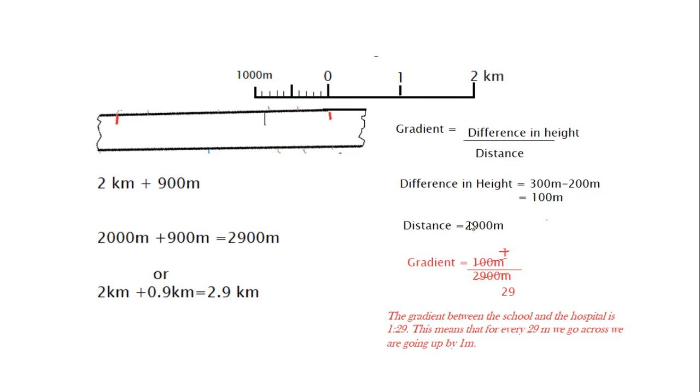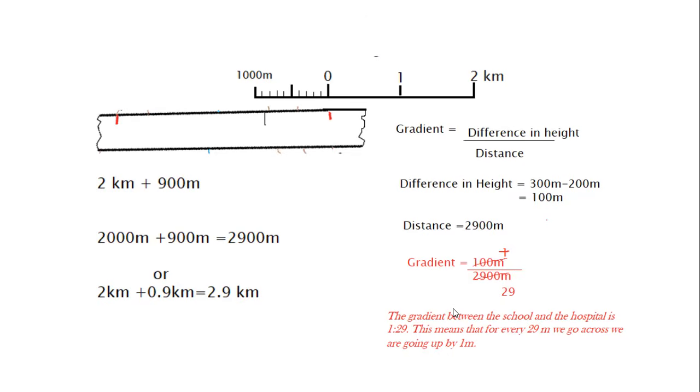Our distance is 2,900 meters. And we would put our 100 over our 2,900 meters. We would divide 100 by itself because we're trying to get a 1 at the top. And what we do to the top, we do to the bottom. So we would also divide 2,900 meters by 100 meters, which would give us 29.